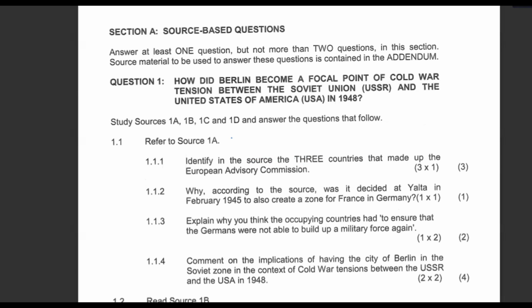So the 3 countries that made up the European Advisory Commission, the United States of America. So we start by writing the United States of America, USA. Then we also have Britain.